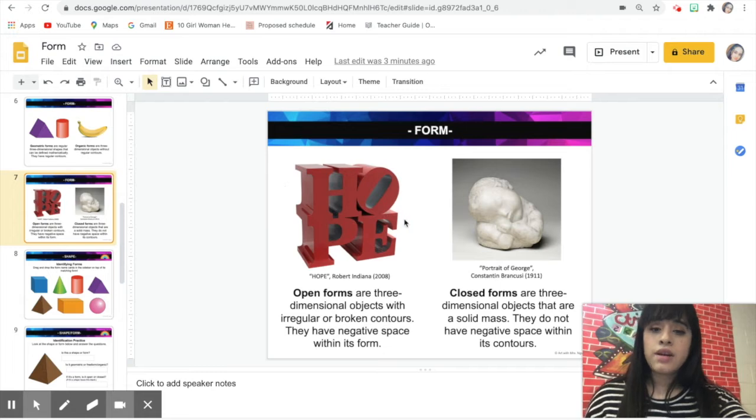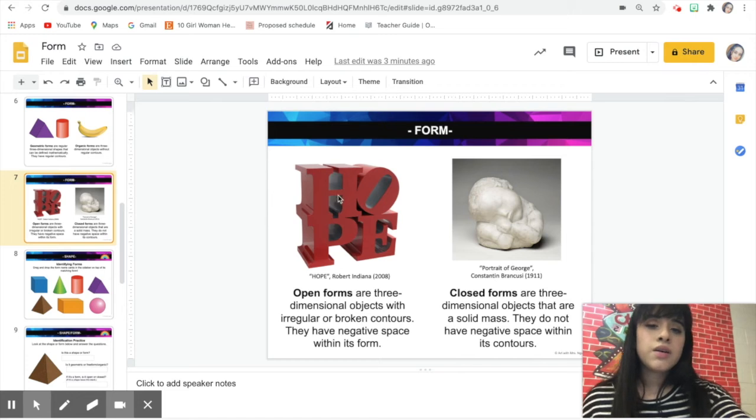Now there are open forms. These are three-dimensional objects with irregular or broken contours. They have negative space within their form. Look at this sculpture by Robert Indiana, it's Hope. They have these in New York City.